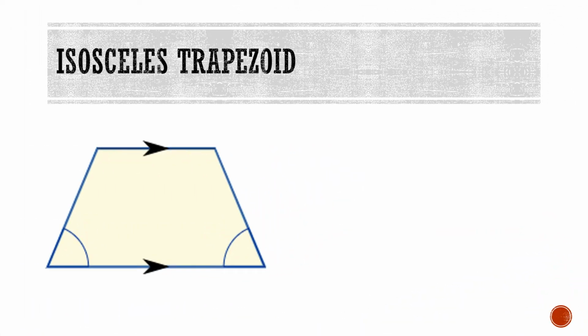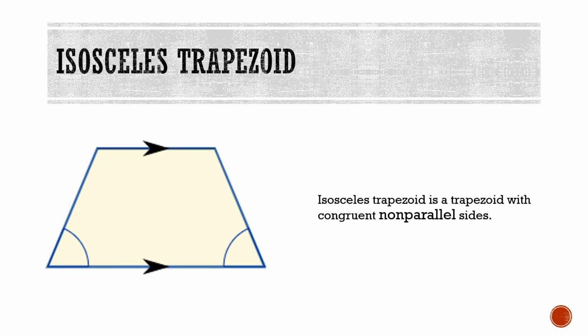Under trapezoid is the isosceles trapezoid. An isosceles trapezoid is a trapezoid with congruent non-parallel sides. So let's say that this is isosceles trapezoid A, B, C, D. Again, side BC is parallel to side AD, and angle A is congruent to angle D. Now, side AB is congruent to side DC.